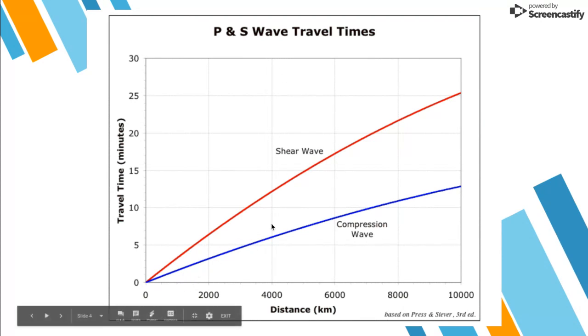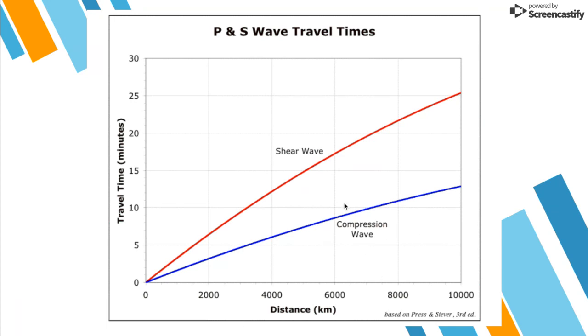And then this blue line here is a compression wave or a P wave. Those are just talking about how they actually travel. Like we said in the slides before, P waves are compressed and then stretch as they travel, and shear waves have that downward and upward movement as they travel through the earth.